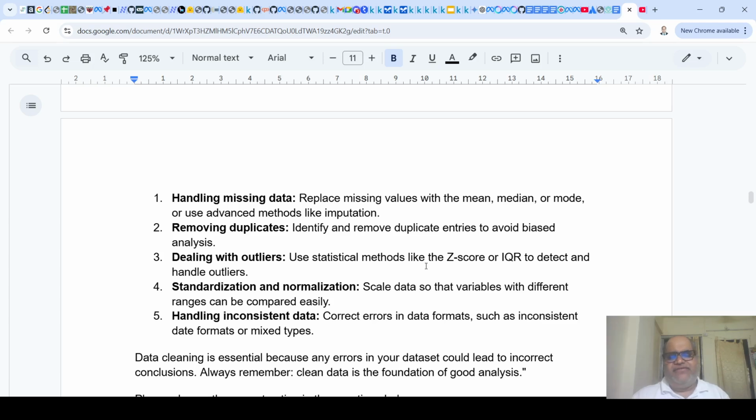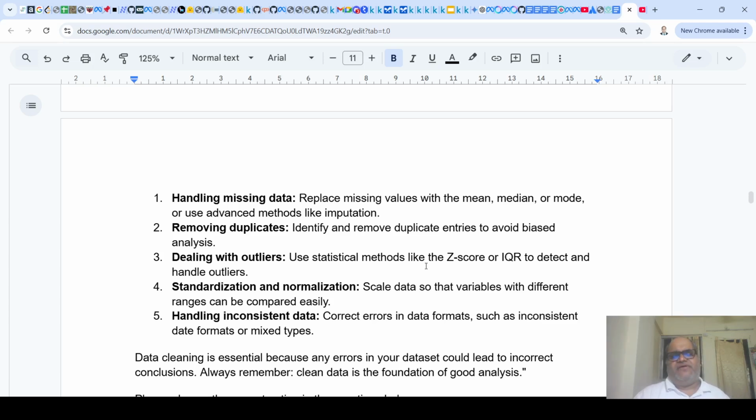Dealing with outliers is always a bigger issue. So far we have been talking about the Z-score, which tells how many standard deviations away from the mean this particular data point is, or the interquartile range. You can make a decision to not use that particular data point at all.